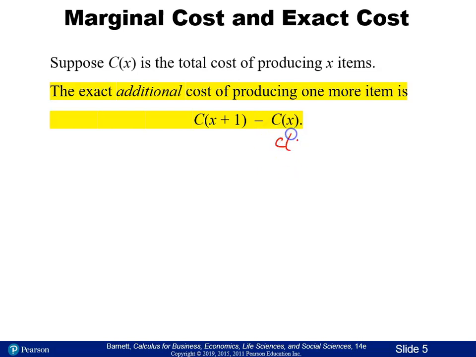If X is 9, then you find the cost of producing the 10th one, subtract from it the cost of producing the 9th one, and that gives you the exact additional cost of producing one more item.